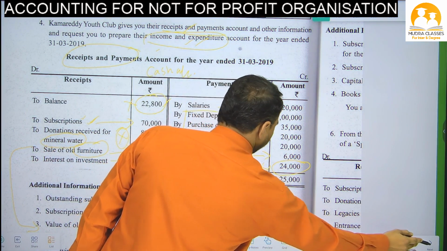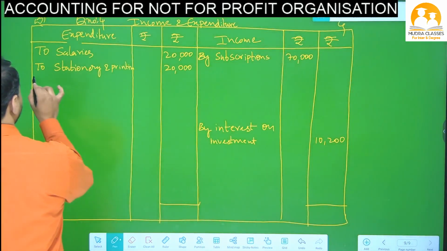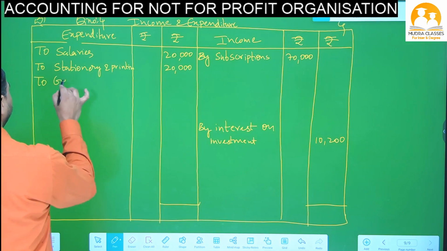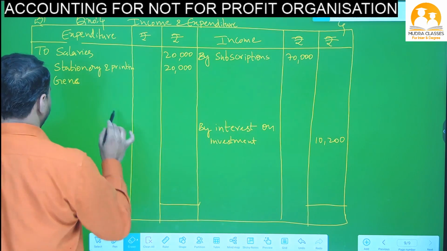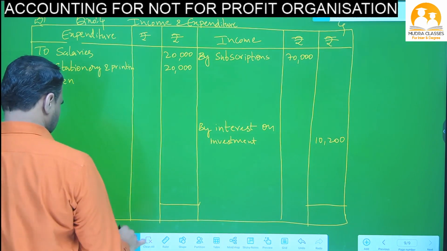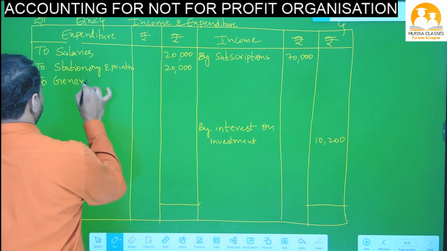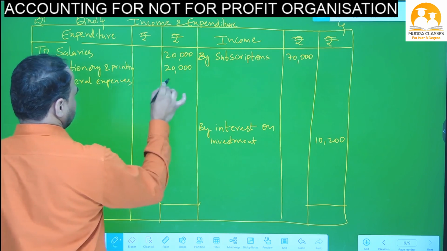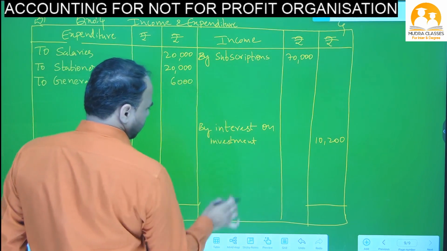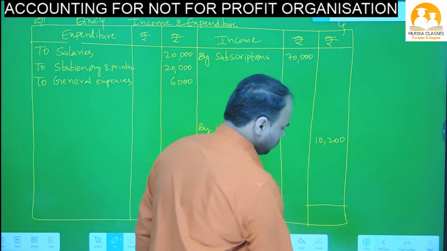General expenses means tea expenses, snacks expenses, like that, beta. So general expenses 6,000 rupees.